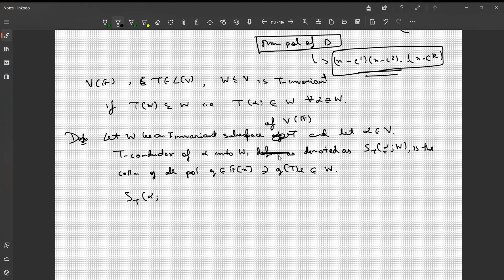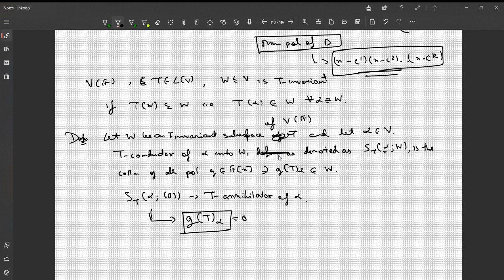So what will be the T conductor of alpha into the zero subspace, if we talk about that? This is called the T annihilator of alpha. What are the elements which this set consists of? It consists of the set of the polynomials g such that g(T) of alpha is equal to 0, because if it's inside W, then it must be exactly equal to 0.